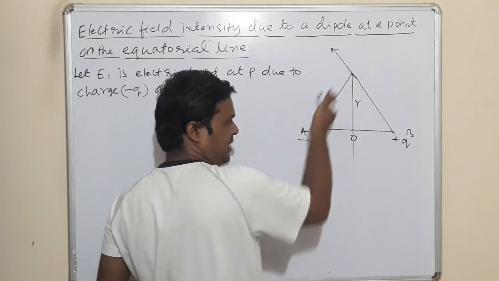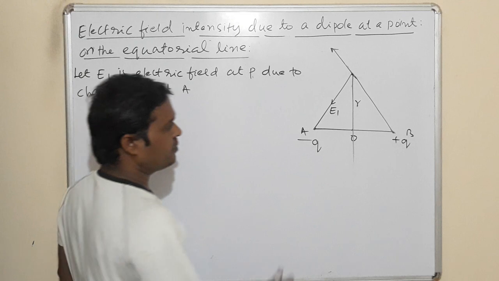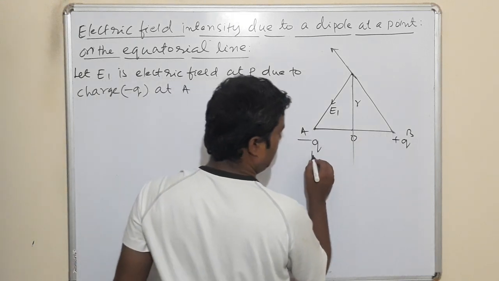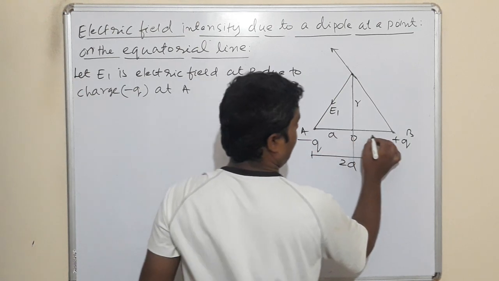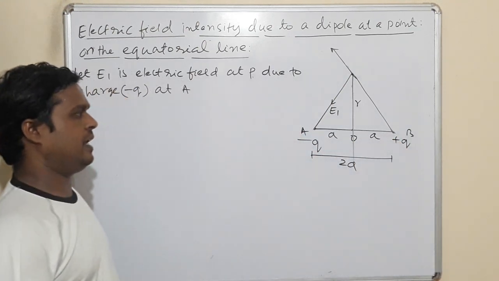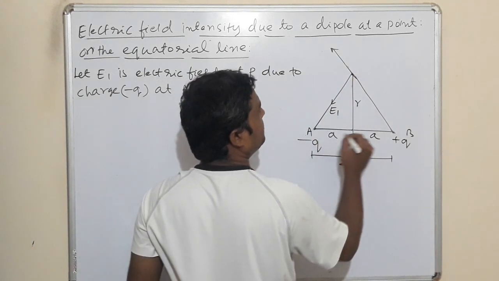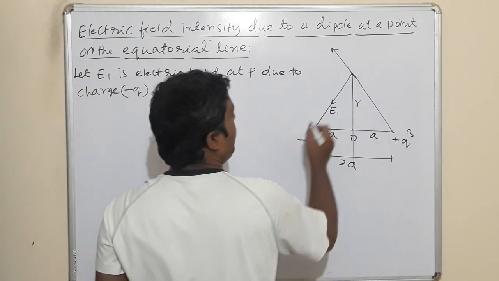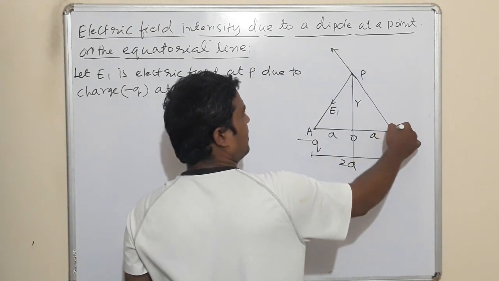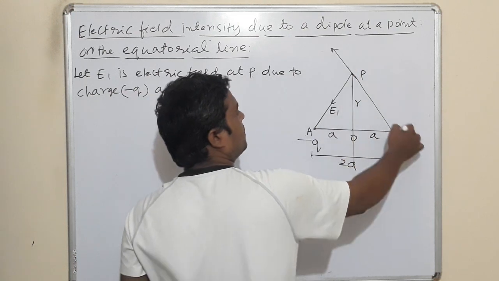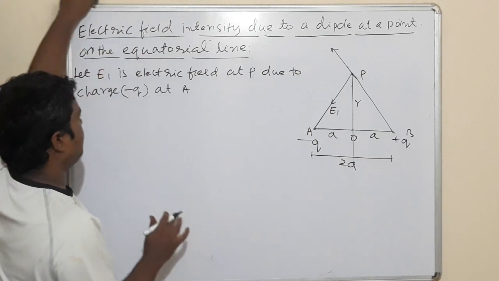This is negative, so the electric field is towards. I am taking this as E1. Now the remaining distances: this distance is 2a, this distance is a, and this distance is a. This is the point P. The electric field due to this charge will be away from the charge. Then what is the magnitude? You see.